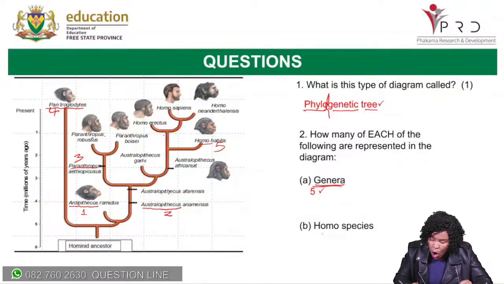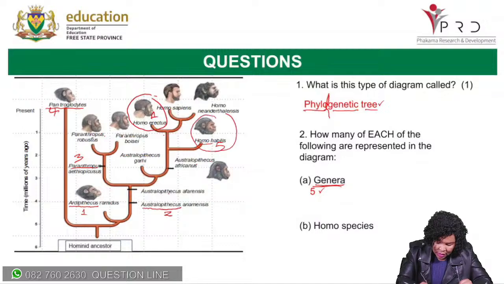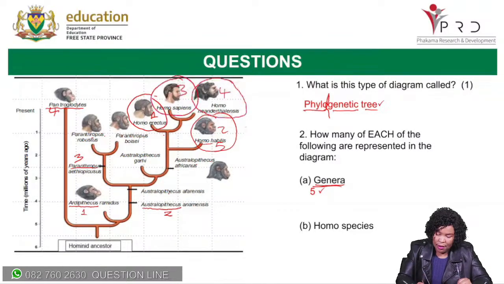Then how many Homo species are there? You are going to count all the Homos. We have Homo erectus, 1, Homo habilis, 2, Homo sapiens, 3, Homo neanderthalensis, 4.